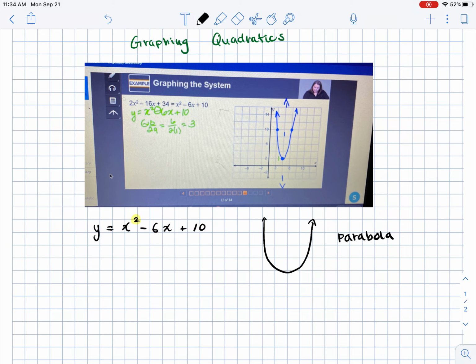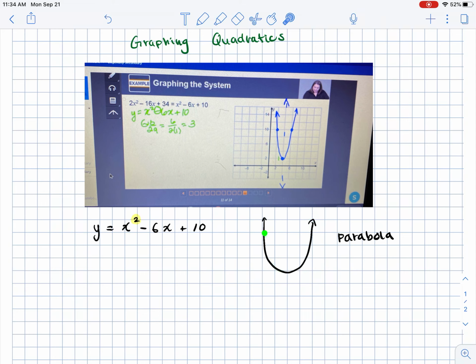Unlike Algebra 1, where you draw a lot of lines, starting from Algebra 2, we start graphing quadratics, which are equations with the power of 2, and we end up getting this shape called the parabola. A quality of a parabola is that when it opens, it goes towards the same direction.